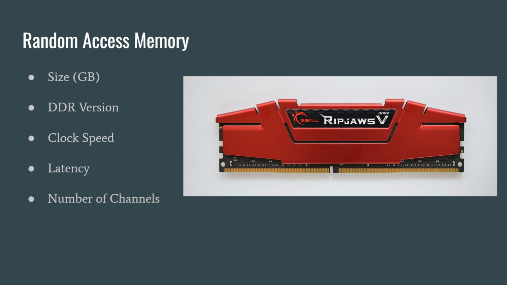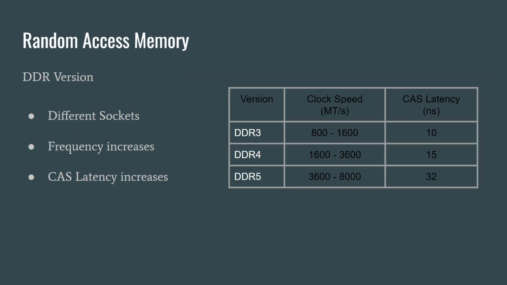And then first we're going to talk in depth about the DDR version. DDR stands for double data rate, and over the years we've created newer versions of DDR. Lately we've created DDR4, and I believe DDR5 was created in 2020. And in maybe 5 or 10 years, they'll come out with DDR6. Maybe they already have it by the time you're watching this video.